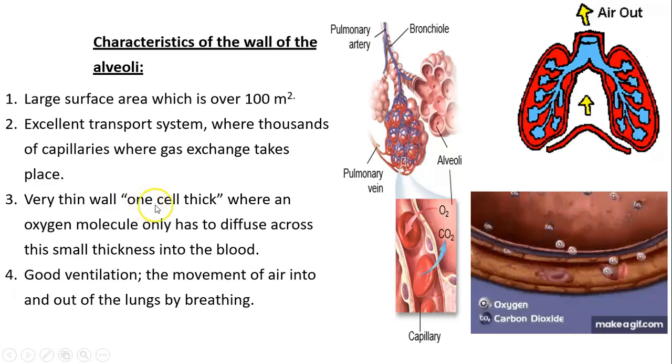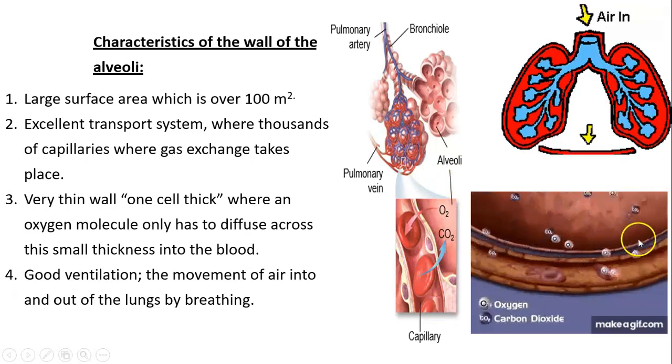Very thin wall. As you see here, it's made of only one cell. The wall is one cell thick. What does this mean? Is the whole wall made of one cell? No, it means that it's only one cell layer. So here, this is one cell, another cell, another cell, another cell, but no layering.